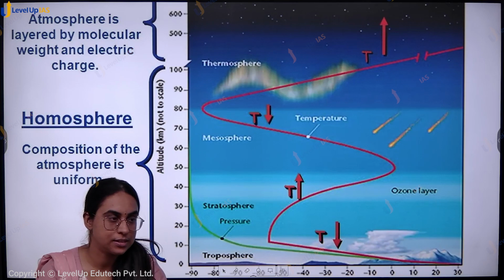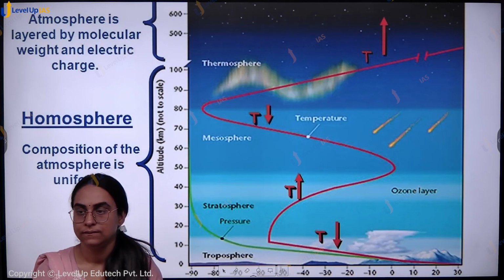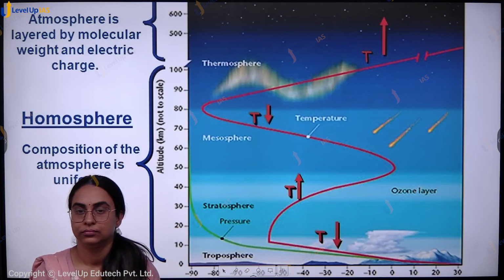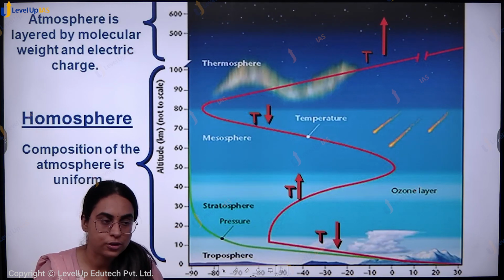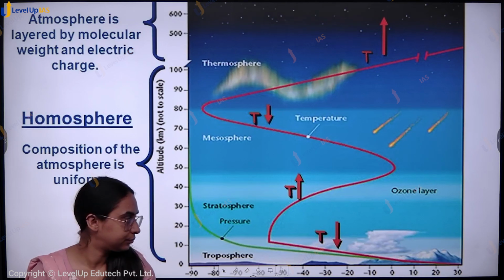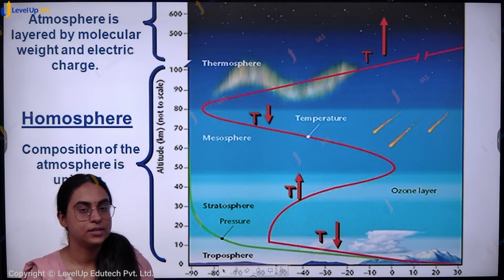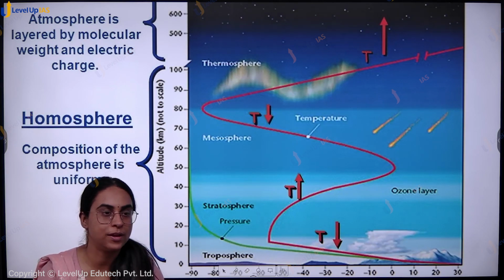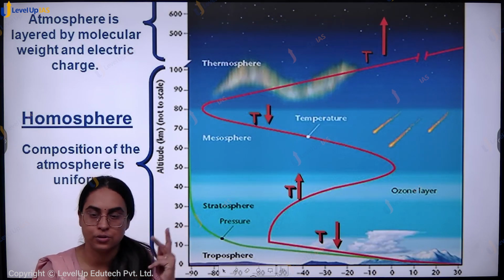Molecular weight के हिसाब से they separate out. This is called as heterosphere. H-E-T-E-R-O, sphere. S-P-H-E-R-E. Heterosphere. Homo means single, homosphere, and heterosphere.